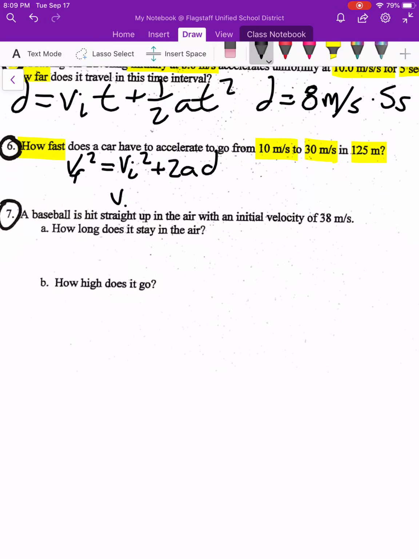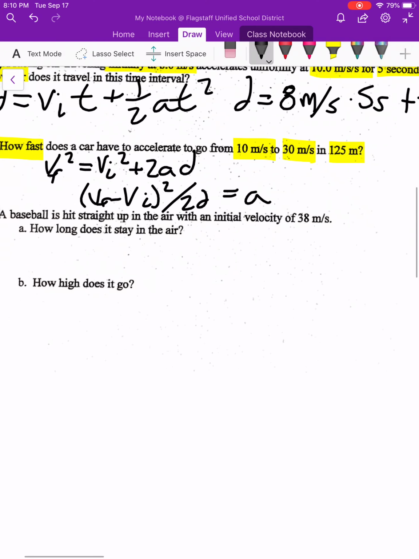So I have VF, minus VI, all of that squared, divided by 2D equals A. Nope, not plus, gotta be careful. That should be the equation. Hopefully you followed that.